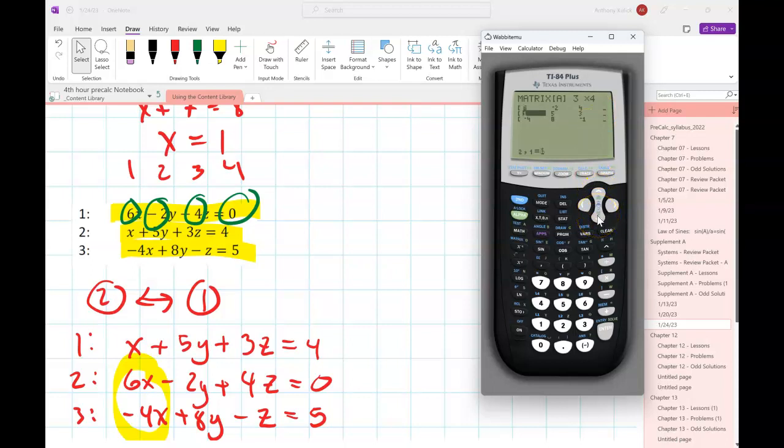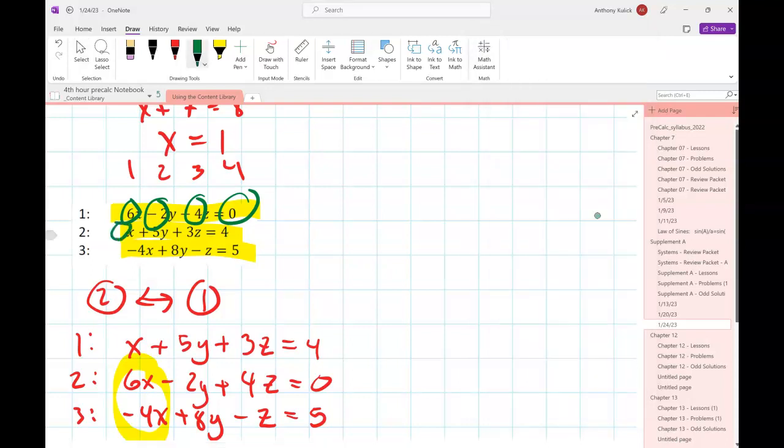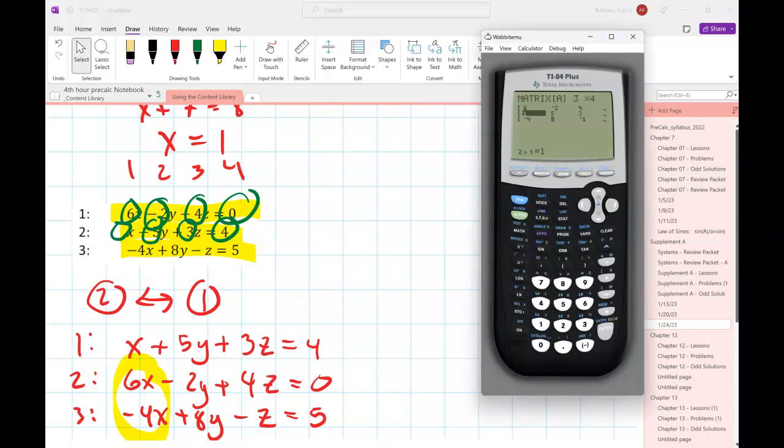The coefficients from row 2. What's that first coefficient on the x? 1, right? Just because there's nothing there doesn't mean there's not a number. If there's nothing in front of a variable, we understand that there's a 1 still there that we've chosen not to write for convenience sake. And then we do the same thing for row 3. So row 3 should be -4, 8, -1, 5.